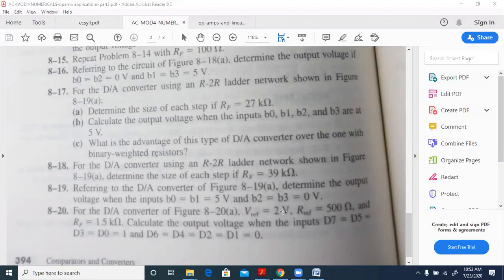So the weight of this is 2 to the power of 7, 128. The weight of this is 2 to the power of 5, 32. 128 plus 32 plus 8 plus 1. I think it might be 169.